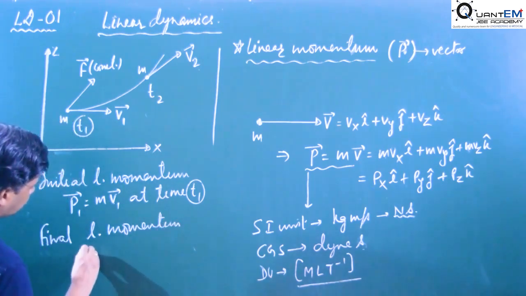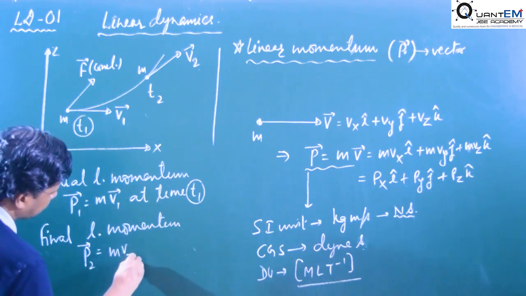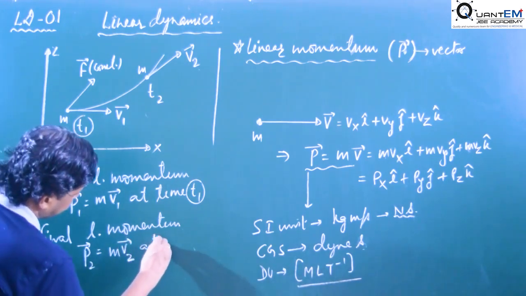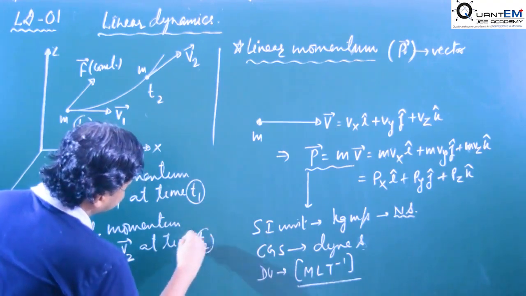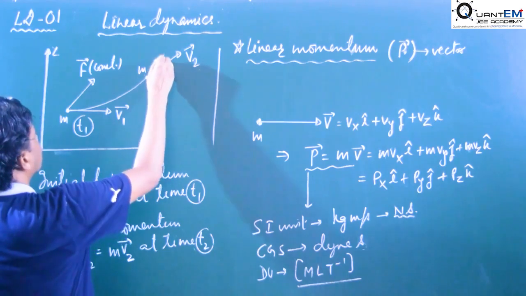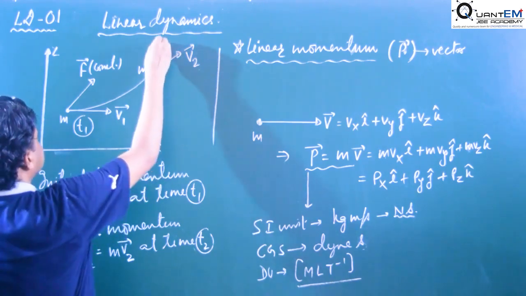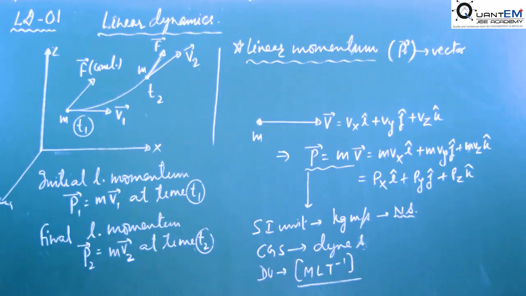That is mass into velocity v2 at time t2. The force has constant value, that is F. Here also we have the force F. Under this given force, the direction of motion of the particle is changing. That means the velocity is changing.